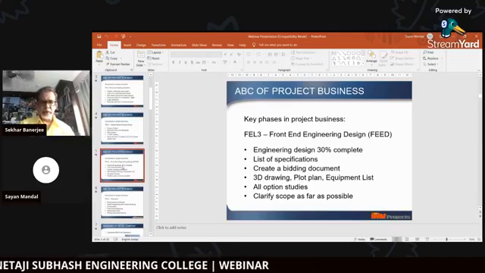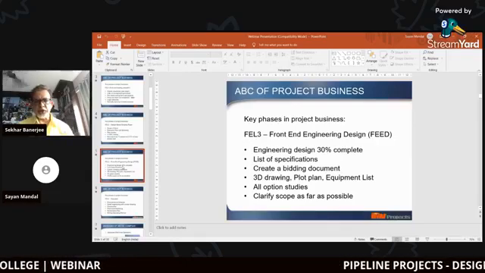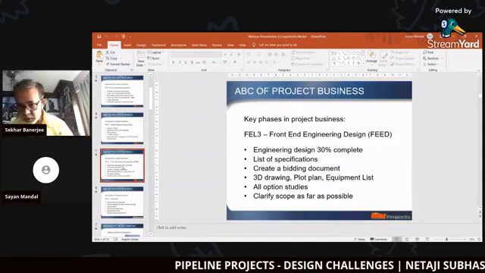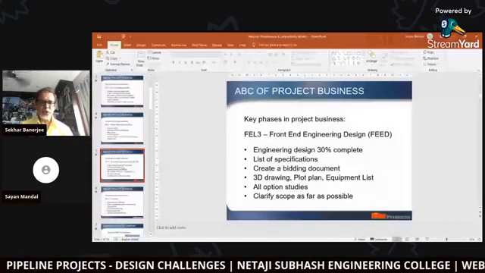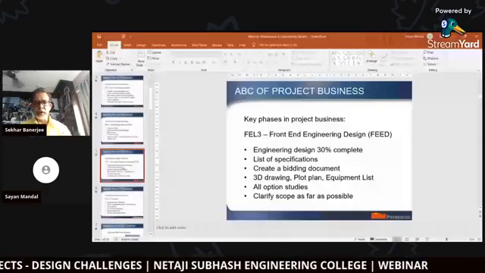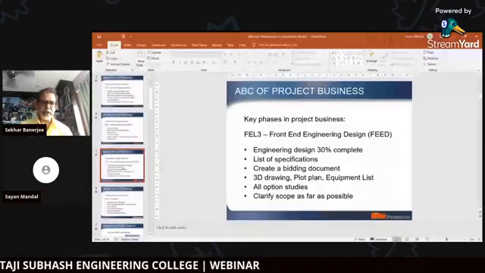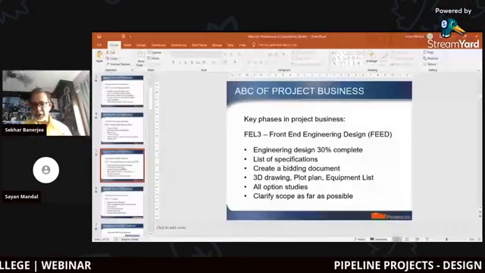FEL 3. So we enter the third phase of the project. We very often call this one FEED, a front-end engineering design document. This is where we need a lot of engineers, senior and junior. You will try to complete as much engineering as possible, but without moving a brick.